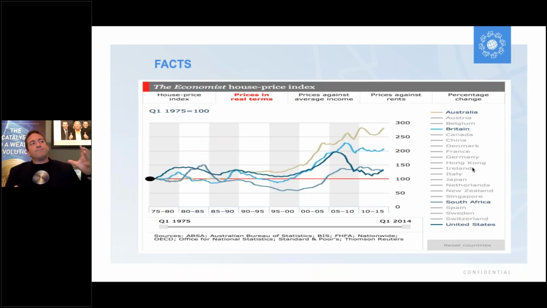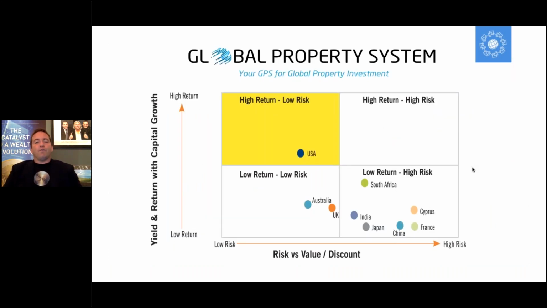So at the breakfast, I'll go into this in a lot more detail, where you can find the best facts around the world, if it's England, Australia, America, South Africa, or anywhere else in the world, the top 20 countries in the world to invest. And rather than making decisions based on your gut feel, make it based on the economic data and the facts and the research. That then goes into our 4-dimensional model, which helps you know where to invest and when to invest based on a risk-return ratio.